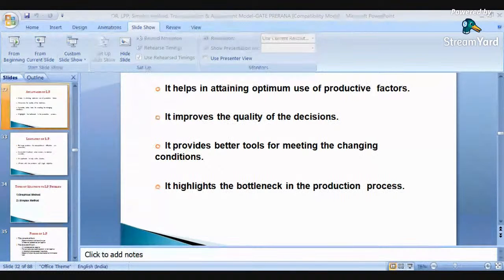For example, if the supply is 65 and the demand is 60, in that case, we would add a dummy warehouse here with a requirement of 5 in order to balance the transportation problem.